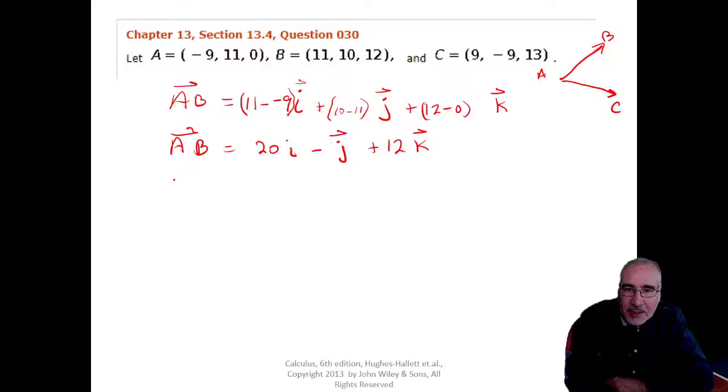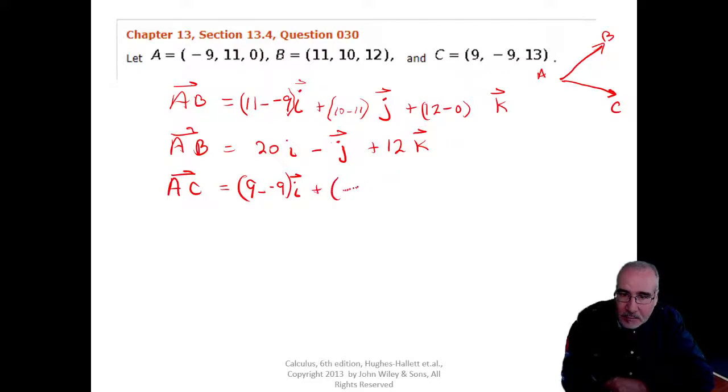Now let's get the other vector, AC. So we start with C, so that's going to be 9 minus negative 9, I. Negative 9 minus 11, J. For the k component, we're going to get 13 minus 0.